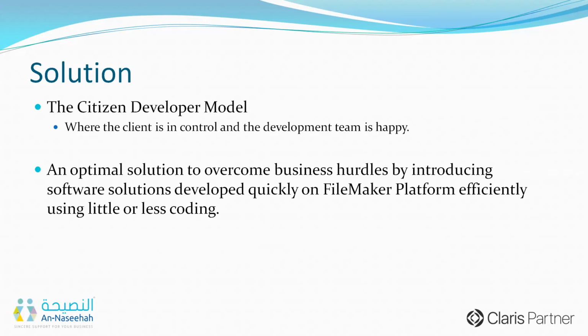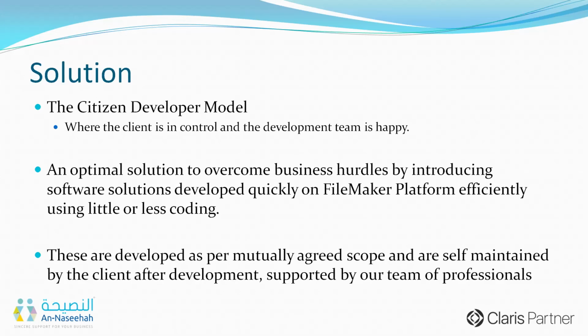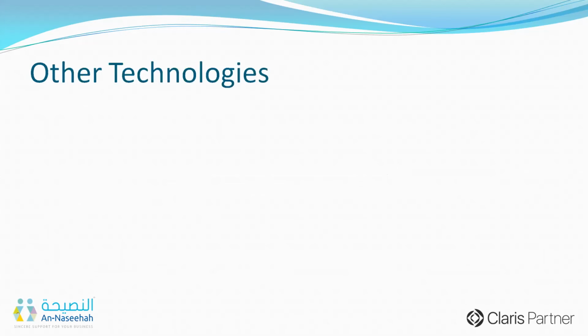So what did we do? We came up with a solution called the citizen developer model, where the client is always in control. We develop software rapidly on FileMaker only when we agree with the client on a scope. There's a mutually agreed scope where we discuss and decide, okay, this is what is required, and then we share an estimate of time, how much time it would require to develop it.